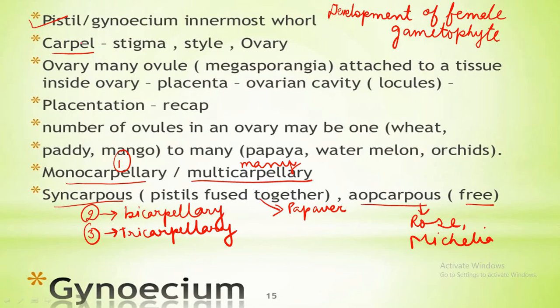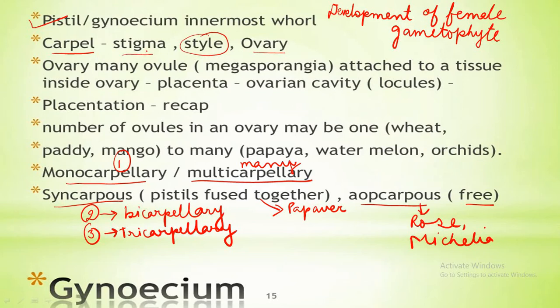Now, a typical pistil consists of a hollow, basal swollen part which is known as ovary, an elongated style and a terminal stigma.